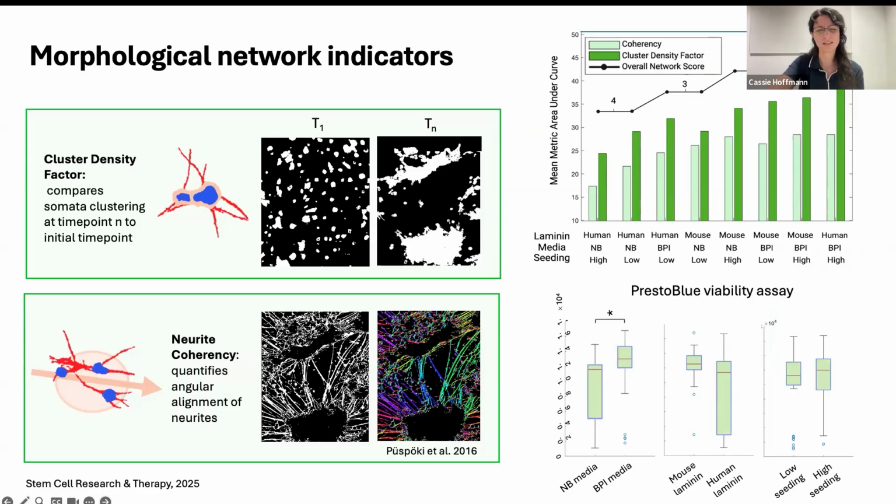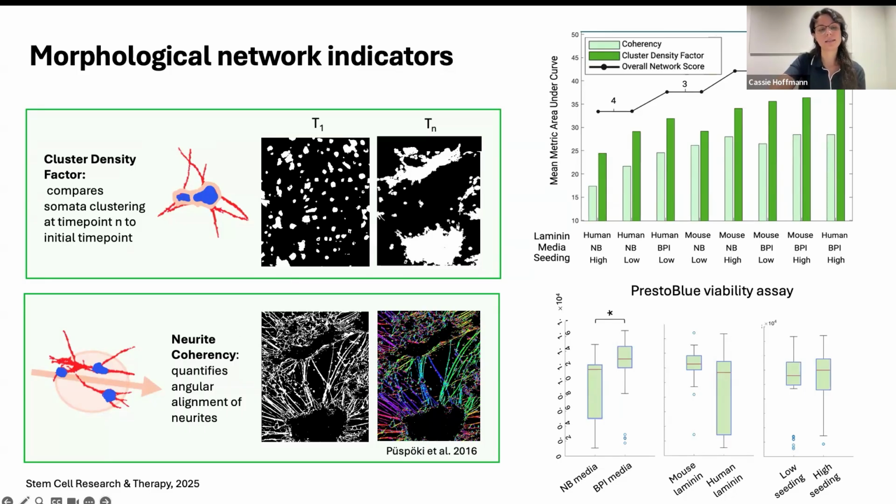This was an algorithm that I designed to compare the clustering behavior at time point n to the first time point. It essentially estimates the density within these clusters compared to the somata area at the first time point. We would expect a higher CDF for cells that are more self-organized.